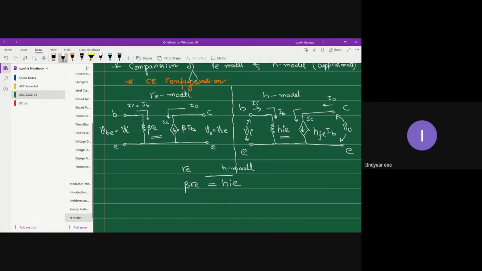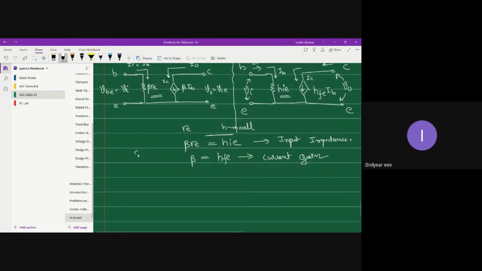So IB is common. Only beta and HFE have different representation. But beta or HFE, they both represent current gain. Similarly, whether beta RE or HIE, they both represent input impedance. So this is for CE configuration.